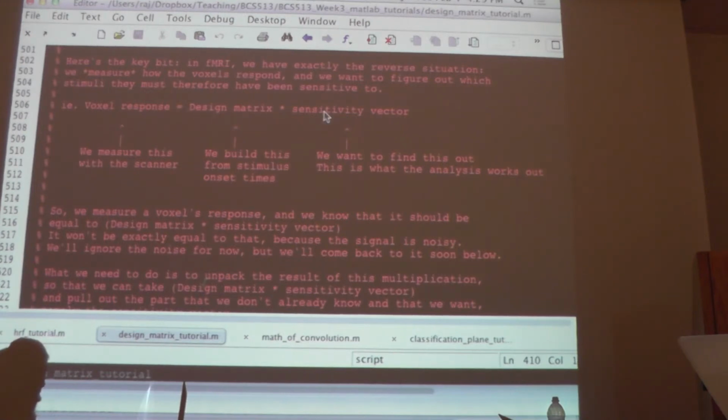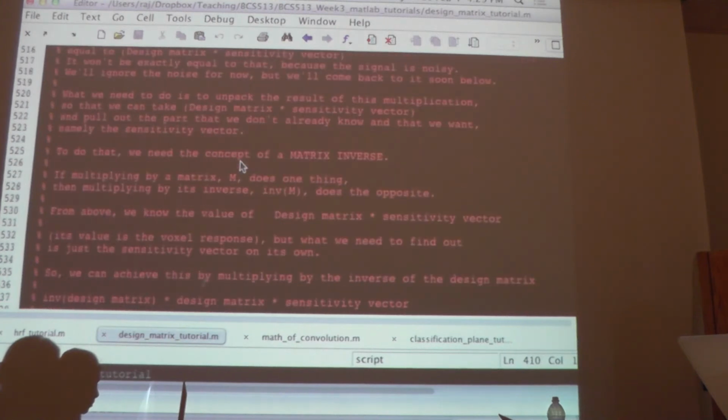If I want to estimate the sensitivity vector, I multiply this thing by 1 over the design matrix. In matrices it's not actually 1 over the design matrix, it's called a pseudo inverse. But if in effect I could take 1 over the design matrix and multiply everything on this side by that, that would get rid of the design matrix bit, and I'd have a pure sensitivity vector, which is what I want.